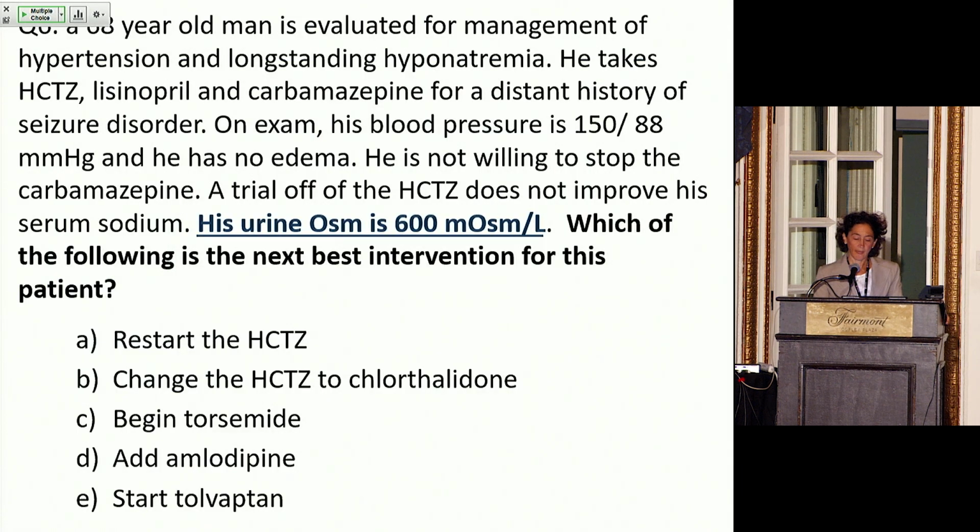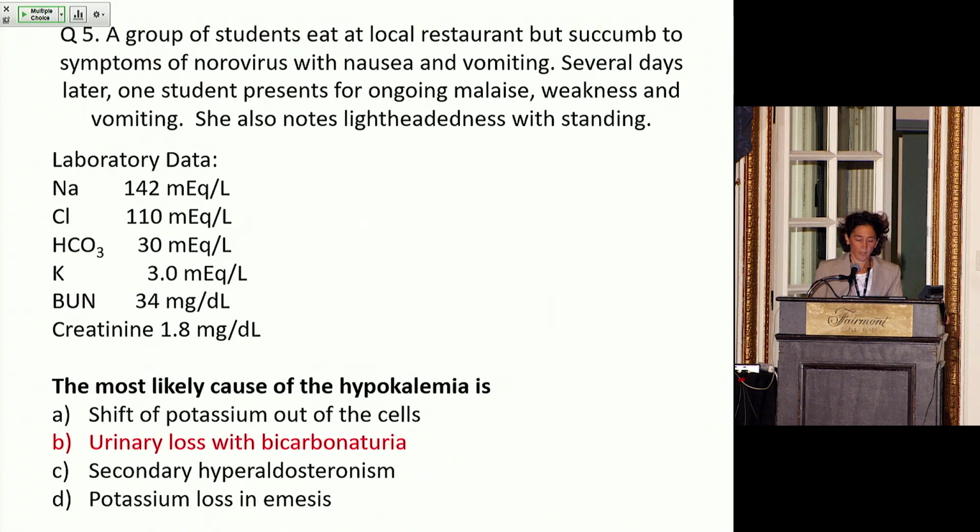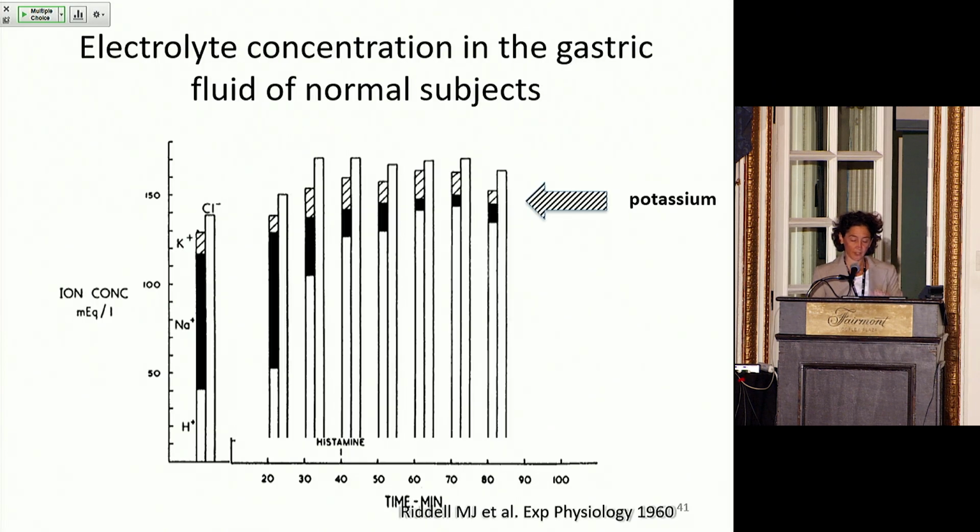Let me go back and make sure we got all those choices. So urinary loss with bicarbonate causes chronic K loss in an individual with chronic vomiting. And I'm going to get to secondary hyperaldosteronism a little bit later.